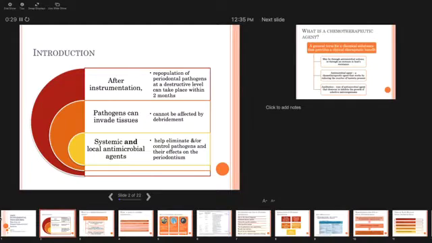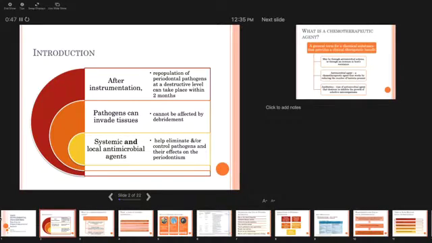So, we know that after instrumentation, the repopulation of periodontal pathogens at a destructive level can take place within 2 months. And these pathogens can also invade the tissues that cannot be affected by debridement.